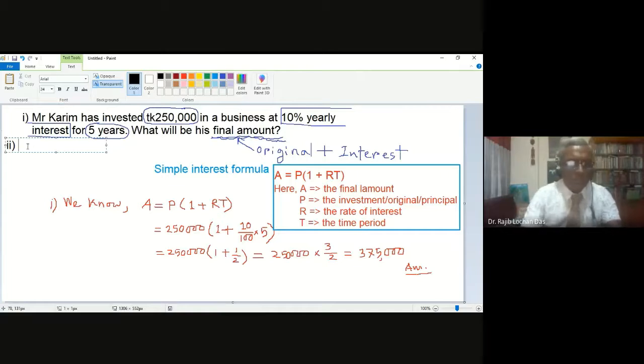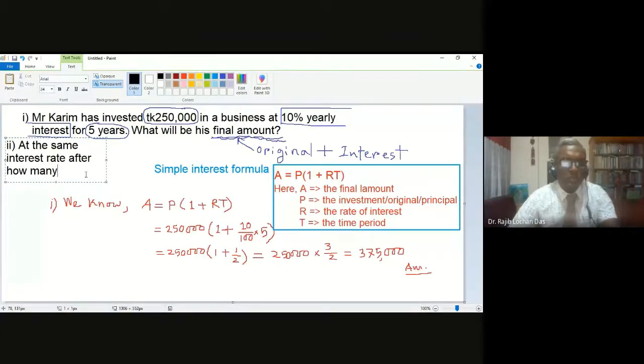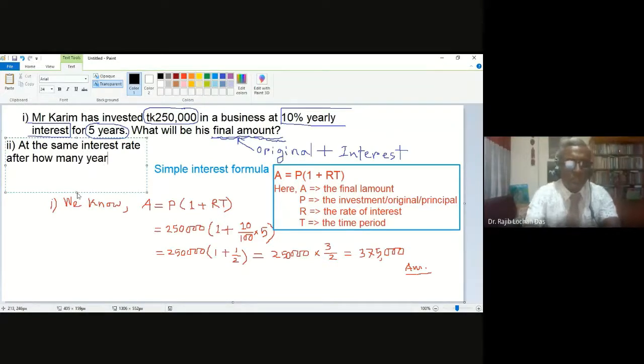Say at the same interest rate, after how many years is the investment going to double?